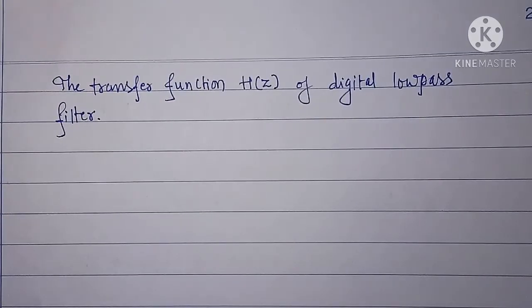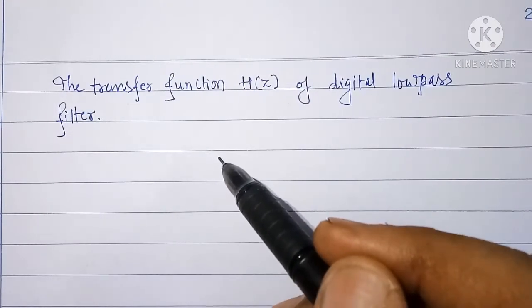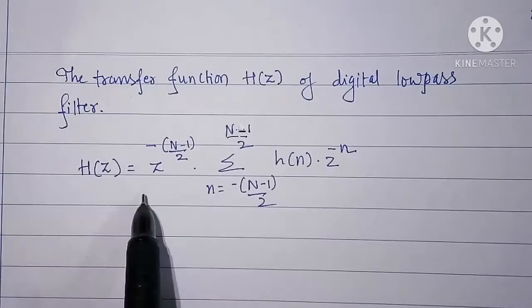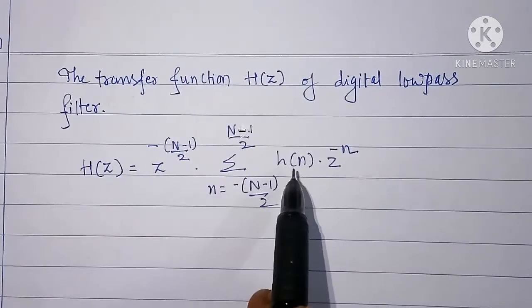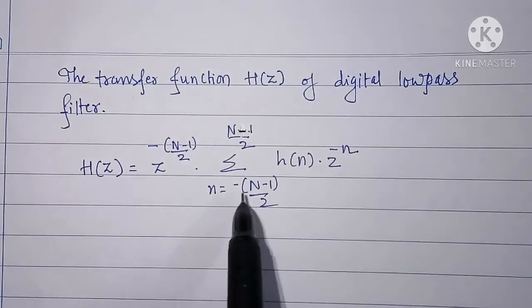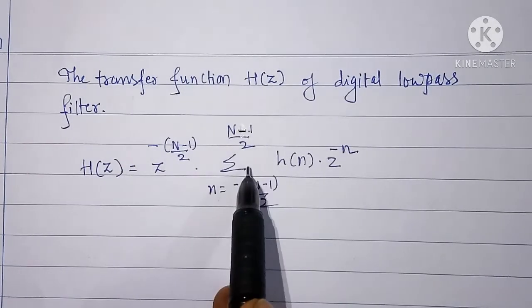Now you can write the transfer function h of z of digital low pass filter by taking z transform of h of n and multiplying it by z raised to minus of n minus 1 by 2, that is h of z equal to z raised to minus of n minus 1 by 2 into the summation of h of n into z raised to minus n from n equal to minus of n minus 1 by 2 to plus n minus 1 by 2.